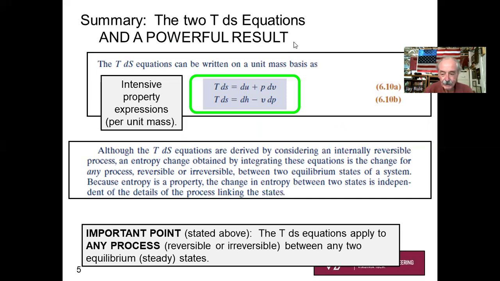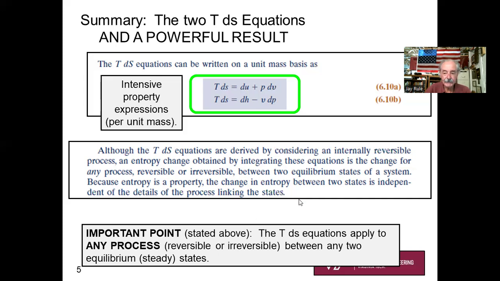And so we divide both the left-hand side and the right-hand side by m, the mass of the system. And so now we get the two TdS equations that we will be using to our advantage in a subsequent video. And here it is: T d little s equals du plus P d little v, and T d little s equals dh minus v d little p.